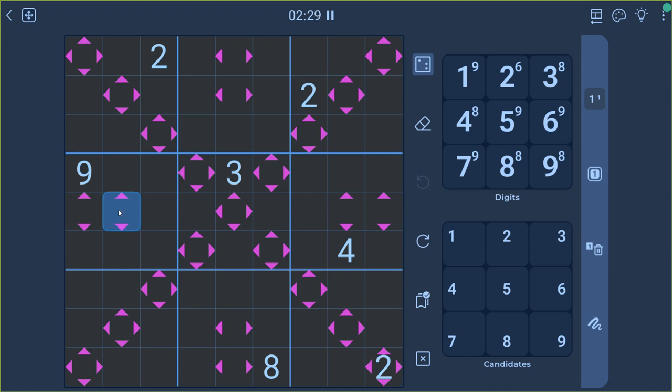The up and down arrows work exactly the same way, but they refer to a row number in that column. So again, if this is a 3, because it's in row number 5, row number 3 would have number 5. Row 5 has a 3, so row 3 has a 5.